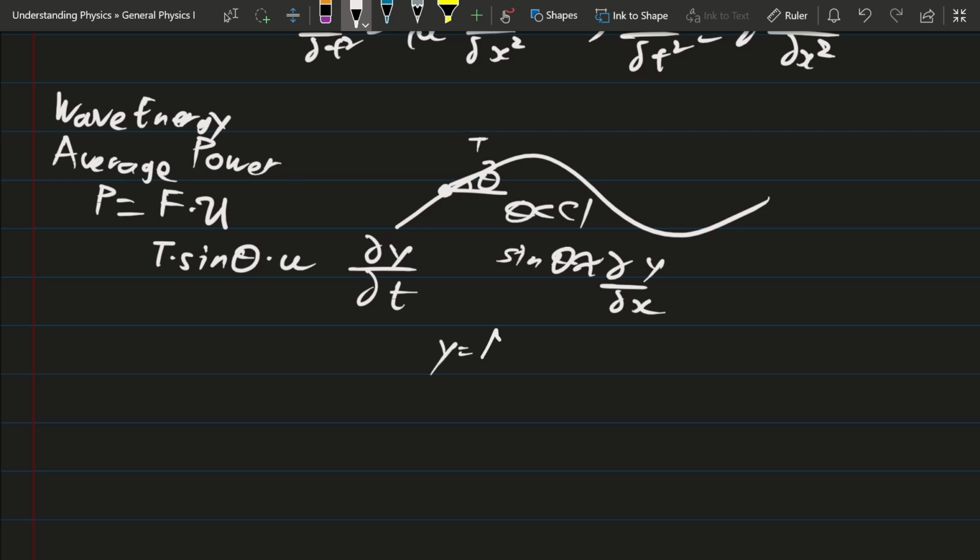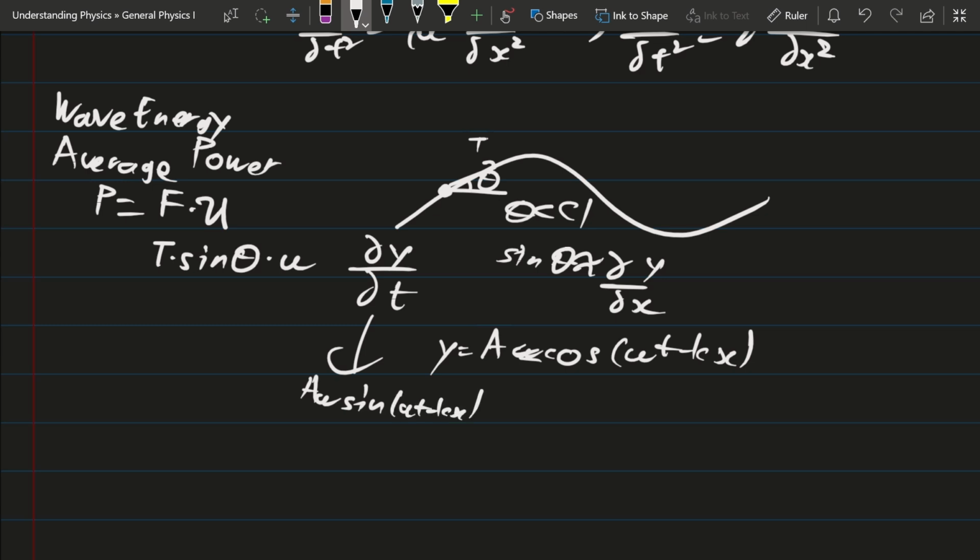The y will be A cosine omega t minus kx. So the partial y over partial t will be A omega sine omega t minus kx. Is it, no, sorry, it would be negative, I think. Yep. And then for the other one, it will be A k sine omega t minus kx.